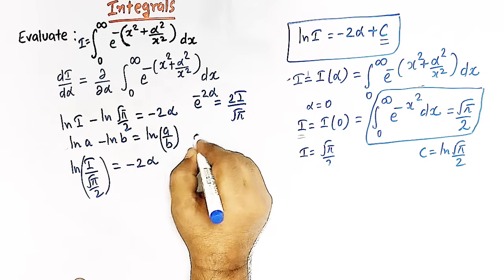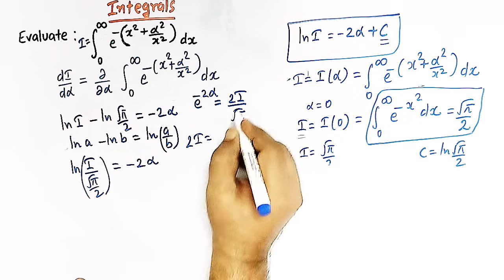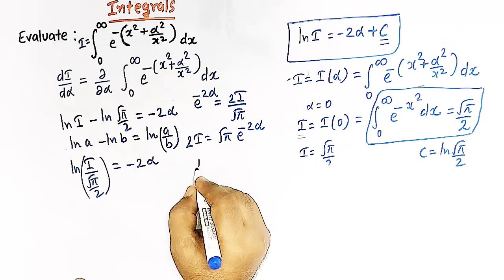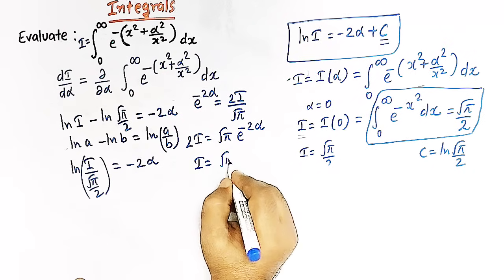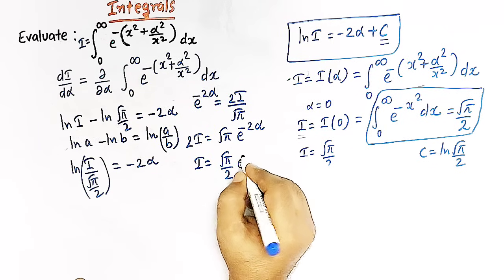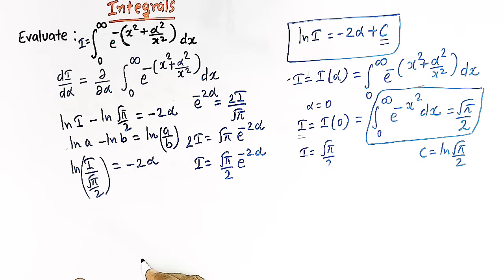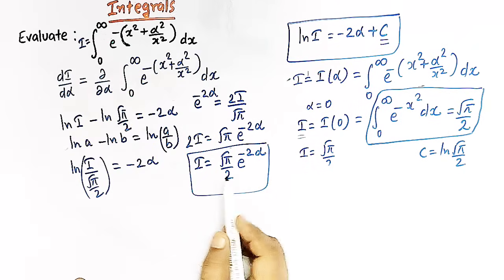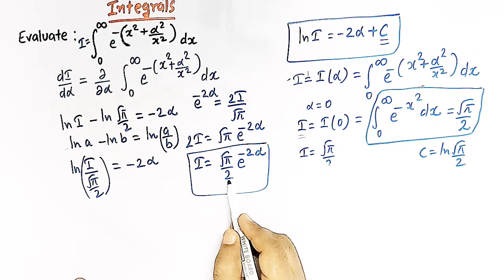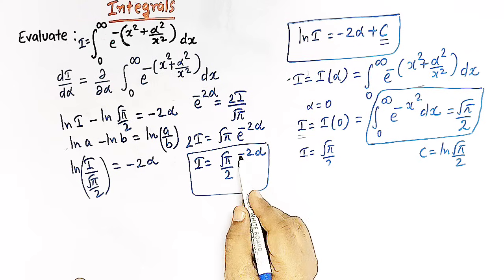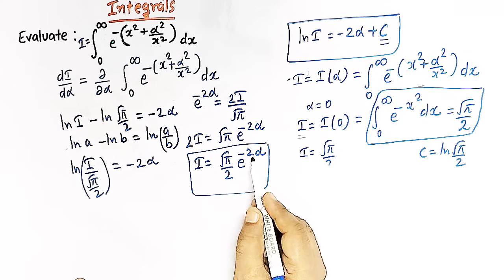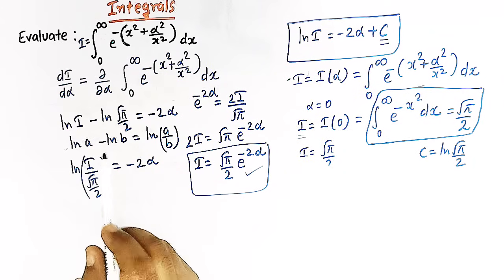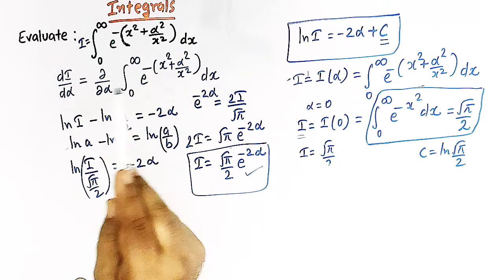So now we have 2I is equal to root pi times e raised to minus 2 alpha. So I is equal to root pi over 2, and here we have e raised to minus 2 alpha, right? So the value of this integral is equal to square root of pi over 2 times e raised to minus 2 alpha. So this is the value of this integral using the concept of differentiation under the integral sign.